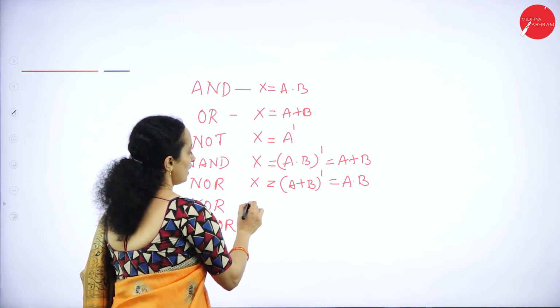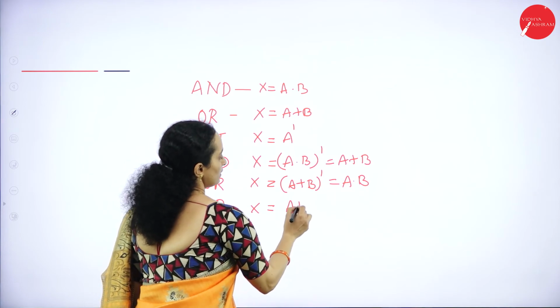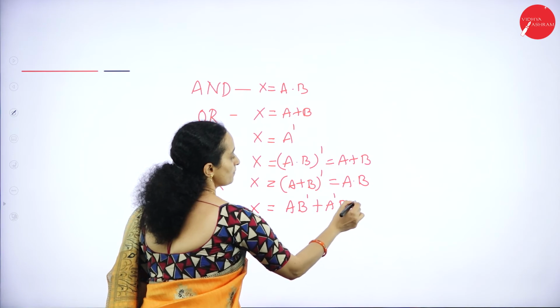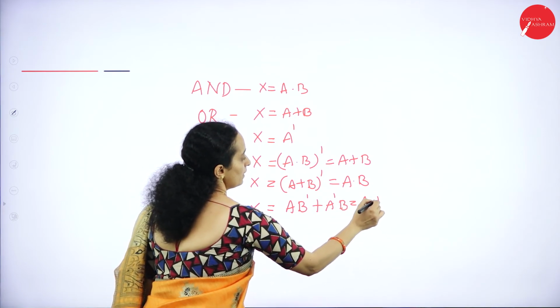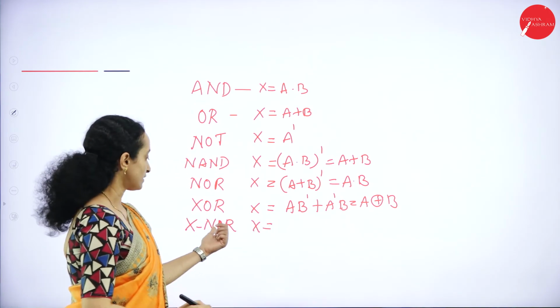Then we have XOR, which can be represented as A into B dash plus A dash into B, or A XOR B. Now last is the XNOR.